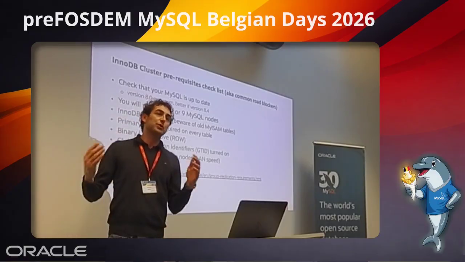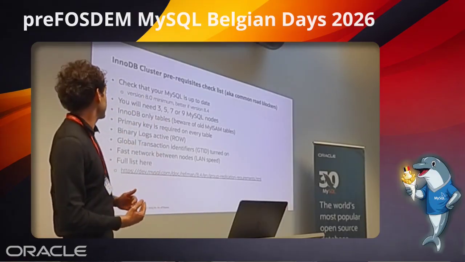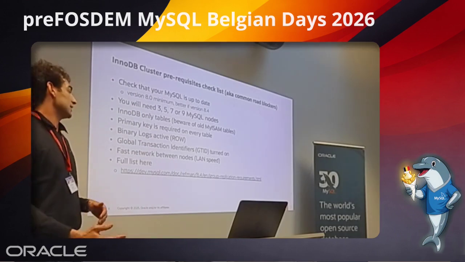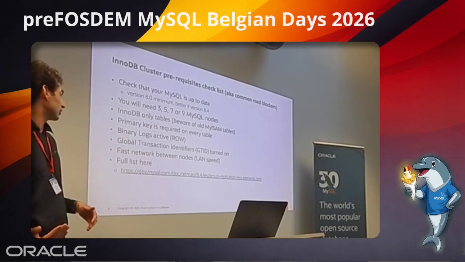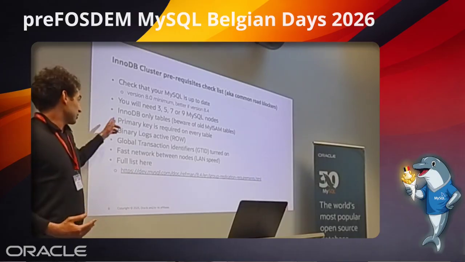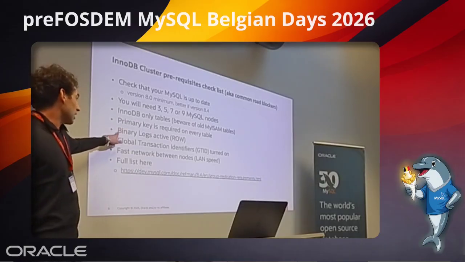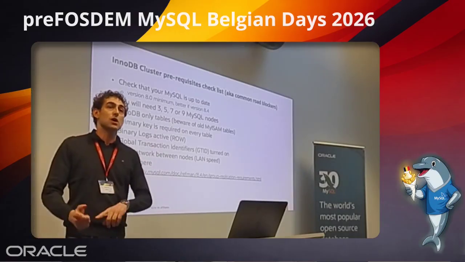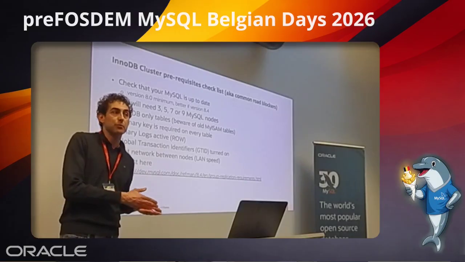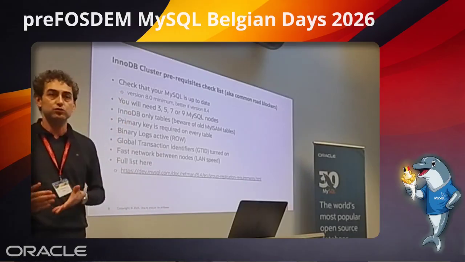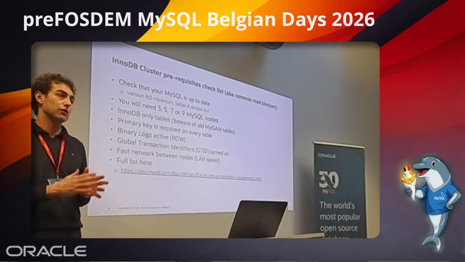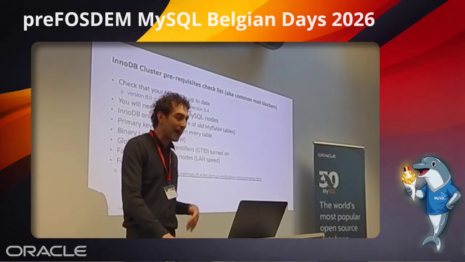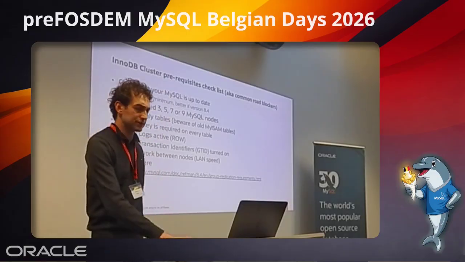Group Replication prerequisites, the usual stuff: every table needs to be in InnoDB, you will need an odd number of servers, a primary key on every table, binary log active in row mode, and GTIDs turned on, which is the starting point of the demo. GTIDs were a best practice also for asynchronous replication. And then there is the full list for your own benefit.